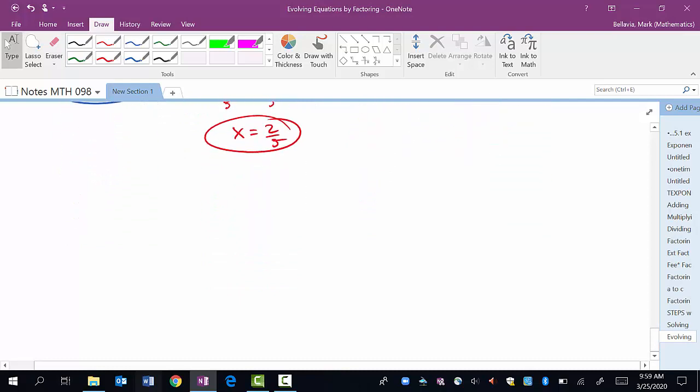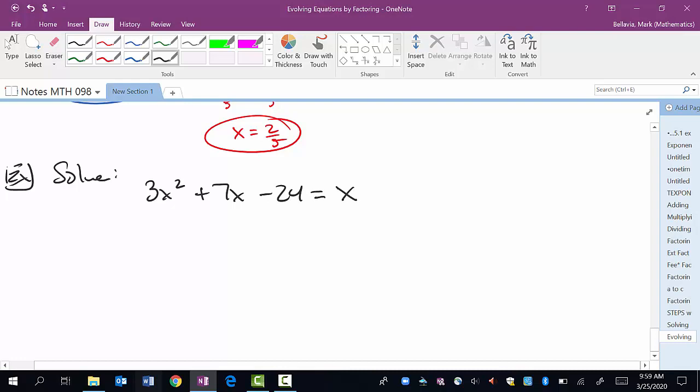All right, let's take a look at just a few more. If I said to solve 3x squared plus 7x minus 24 equals x.